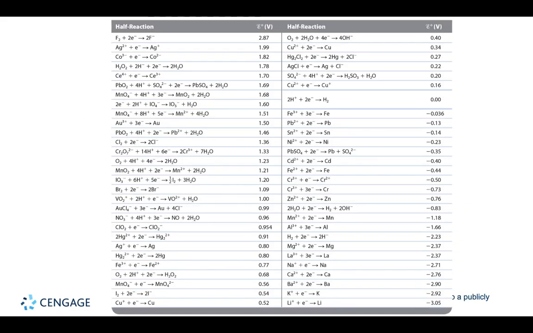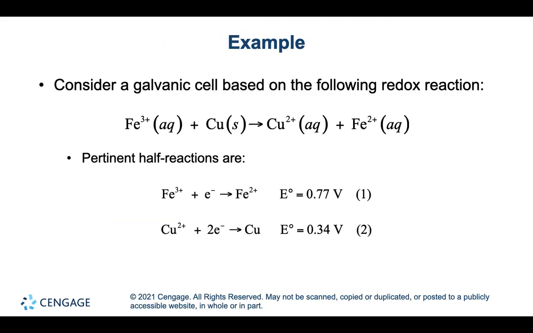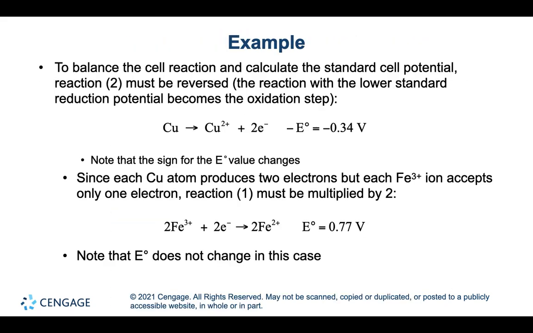It's found at 0.34 volts. Copper plus 2 electrons yields copper. But since that's lower than the iron reaction, which is 0.77 volts, we'll flip it and make it copper yields copper plus 2 electrons. Now to make this work, by flipping it, we're going to change the sign to negative 0.34 volts.